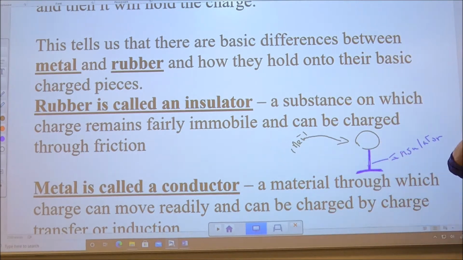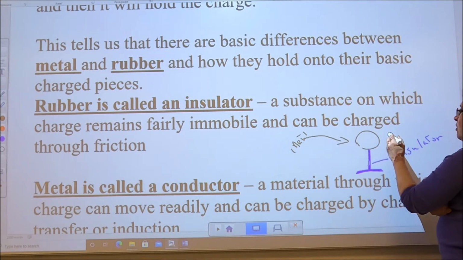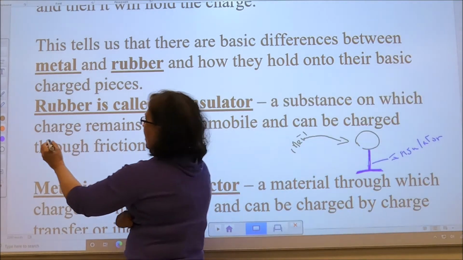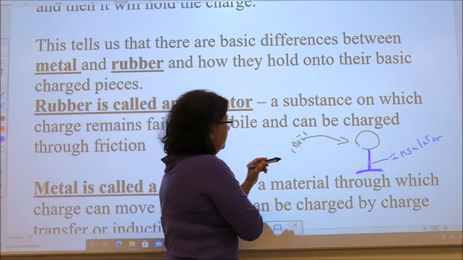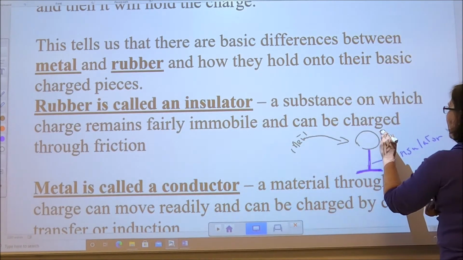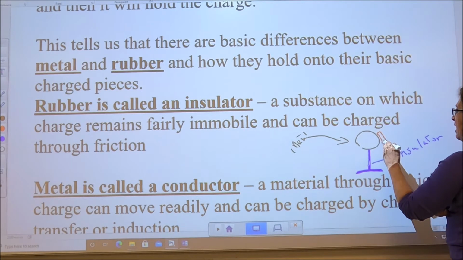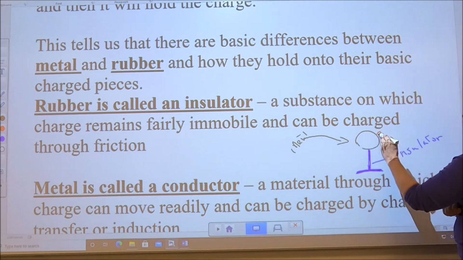One of the ways that we could charge up this metal object is to actually touch it with a charged rubber rod. I'll make my rubber rod red. So I take my rubber rod and I touch it.